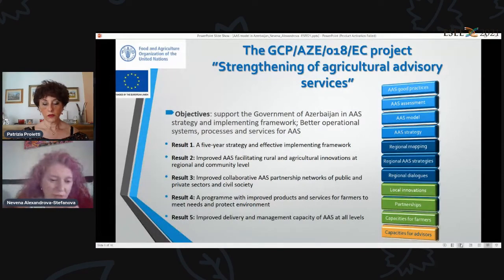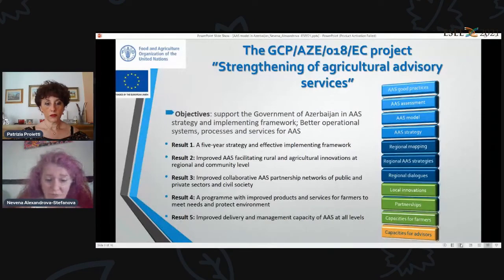The first two results are more related to policies and strategies, and results 3, 4, and 5 refer to how to operationalize the model, how to implement strategies, what capacities, human capital needs to be strengthened, upgraded, and how to bring institutions and actors together in order to innovate.